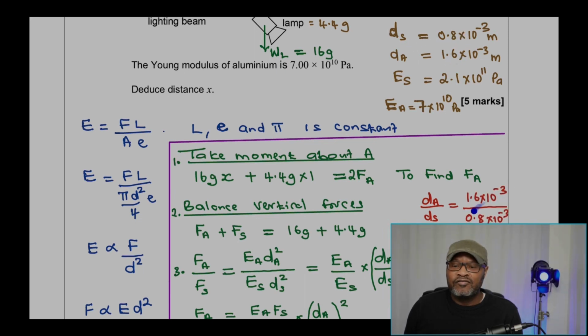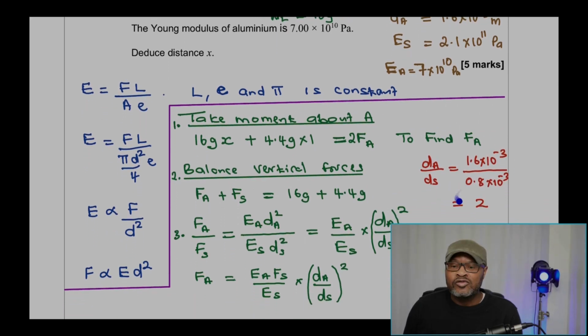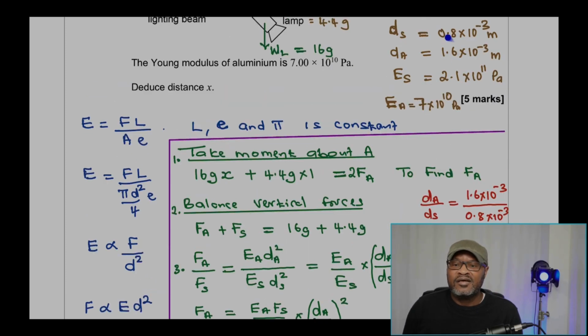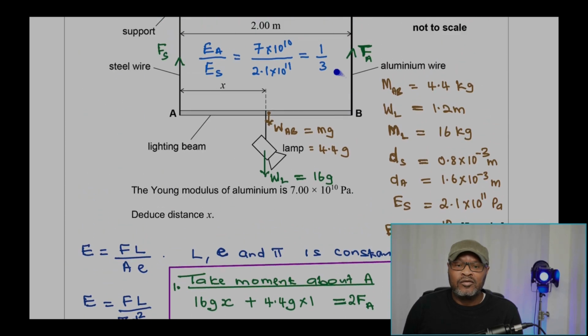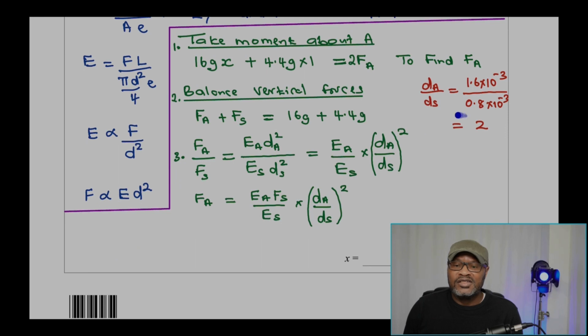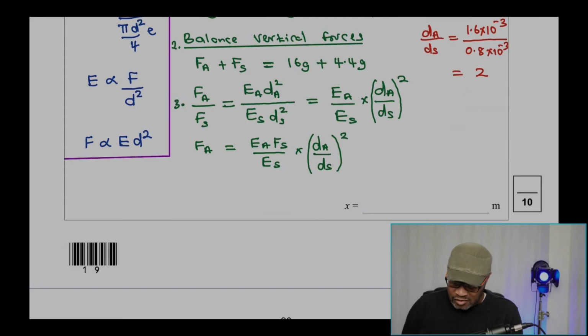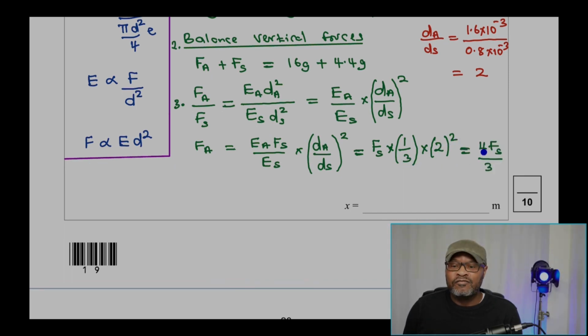The dA over dS will be a ratio of 2, because this is half of that. So that'll be 2. Why don't we plug those values in here? We know EA over ES is 1 over 3, and dA over dS is 2. So if we plug those in, FS times 1 over 3 times 2 squared, that will be equal to 4FS over 3, which equals FA. So that is the relationship that we have.